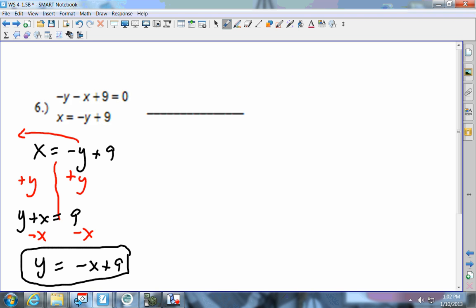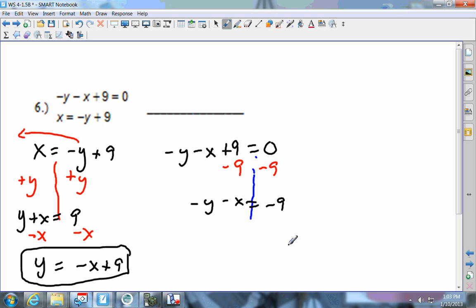There's my equation. The other equation: negative y minus x plus 9 equals 0. Well, it doesn't matter which ones you move first. I'll start here. I'll move the 9 first. I'll subtract 9 from each side. Negative y minus x equals negative 9. I'm going to add x to each side. Negative y equals x minus 9.